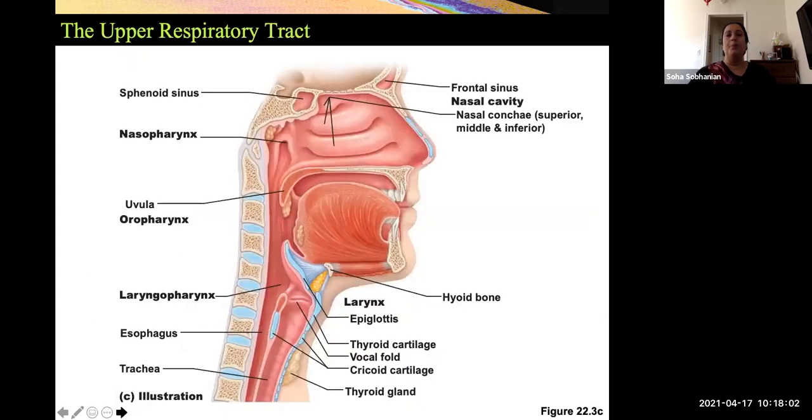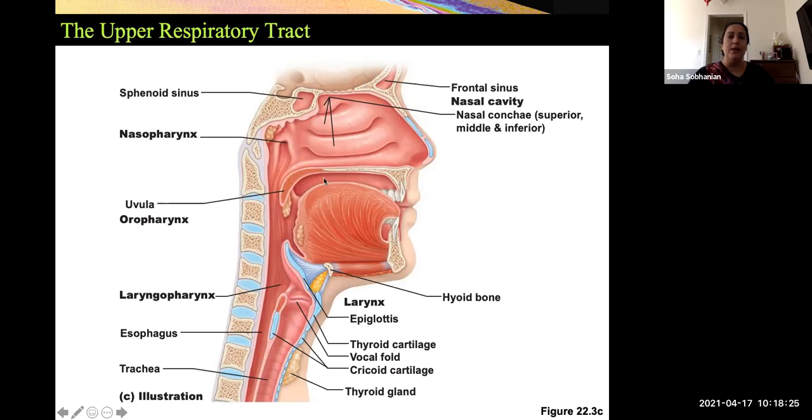So we talked about the nasal cavity. We also talked about the fact that the air moves from the nasal cavity to your pharynx. So this picture shows you the 3 segments of the pharynx. Starting with the area right behind your nasal cavity, you have your nasopharynx.